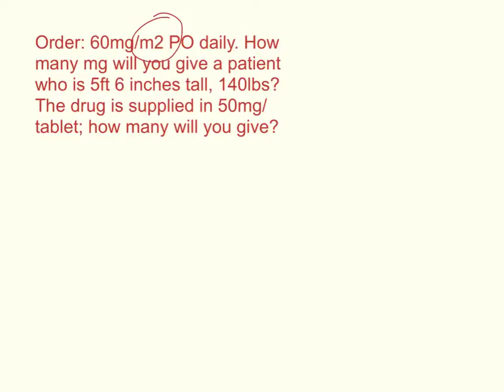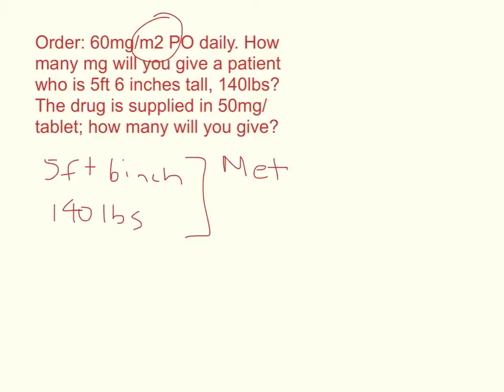In this situation, we're given that the height of the patient is in feet, 5 feet 6 inches, and the weight is 140 pounds. For our metric system, you would be using centimeters for your height, combined with kilograms.